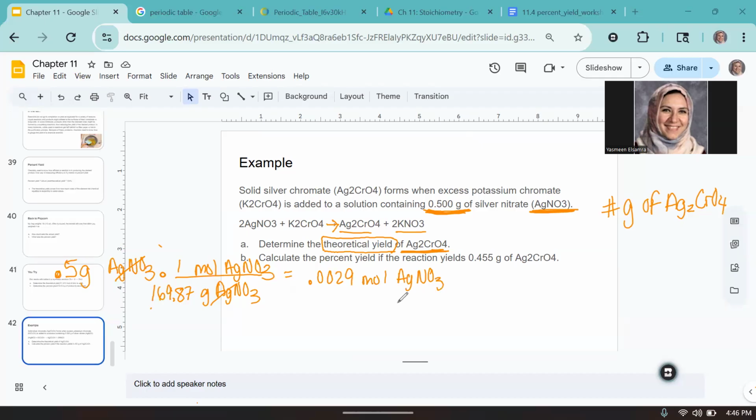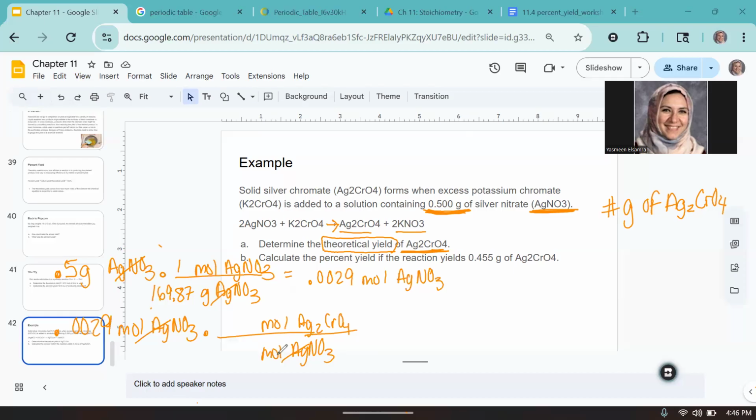Okay, did I answer my question? No, I'm looking for a totally different compound here. This is different than what I'm looking for, so I need to bring this back and cancel out the AgNO3. Instead of AgNO3, I need to get it in terms of Ag2CrO4.